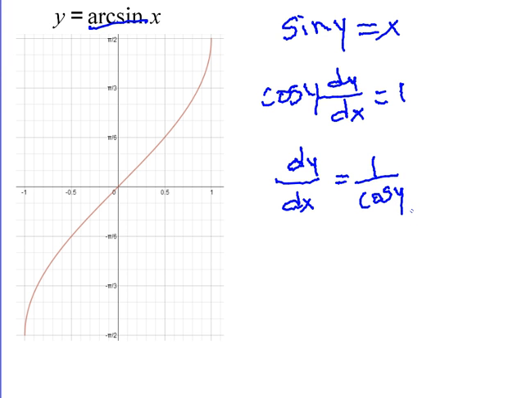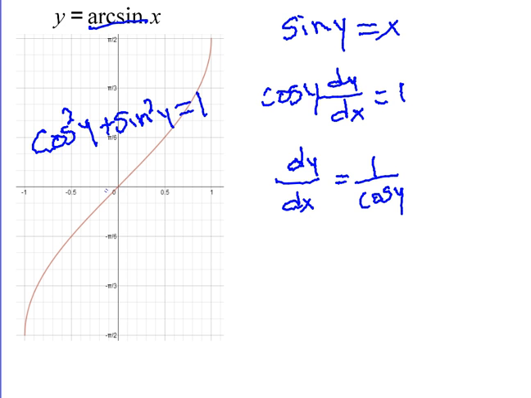Now you might say, okay, we're done. dy dx equals 1 over cosine of y, or in other words, it equals secant of y. Well, here's the thing. We want something in terms of x, and this is a derivative only in terms of y. So let's try to fix this. Let's use some trig identities. One that we're going to use here is cosine squared of y plus sine squared of y is equal to 1.